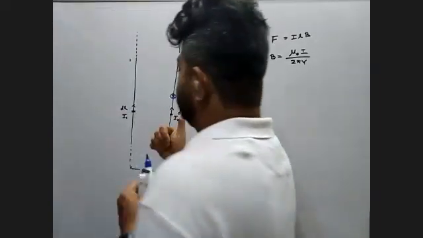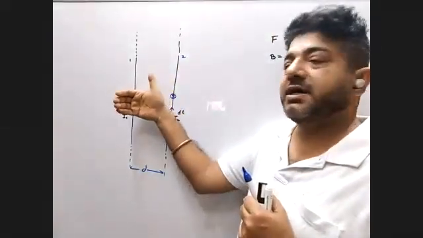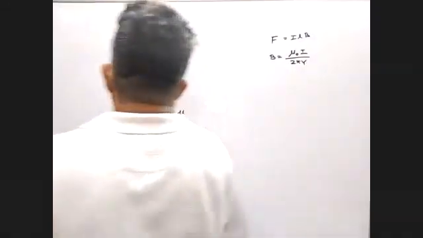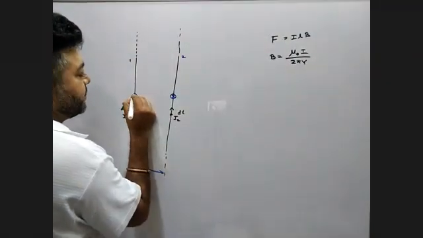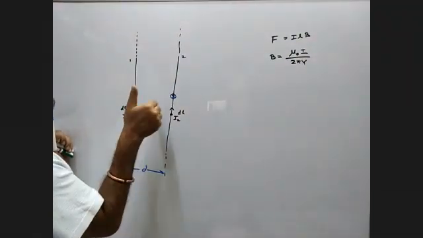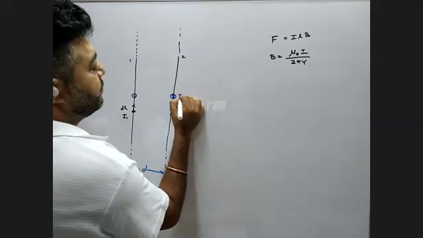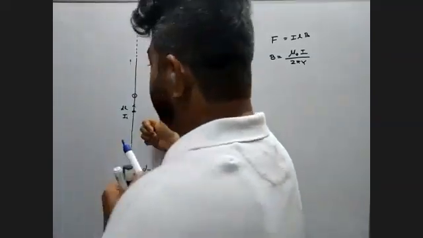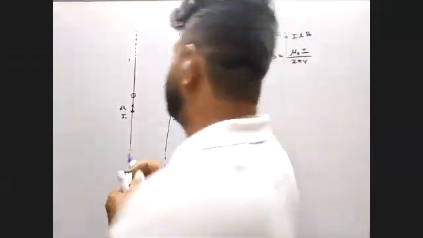Similarly, for the first wire, the magnetic field due to the second wire is dot.